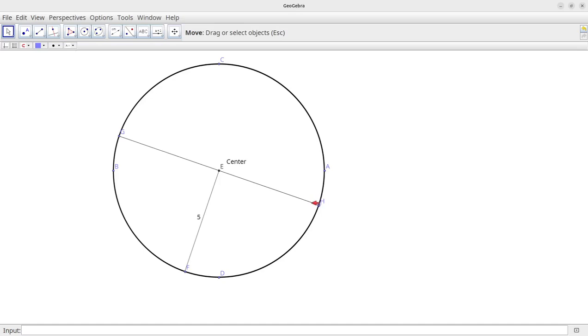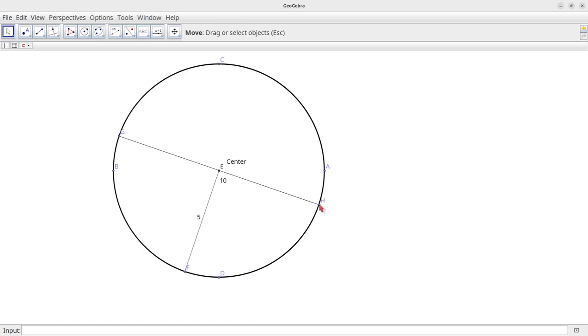I want to make sure it passes through the center first so that I can also show its distance. It's 10 units. That's the diameter. It passes through the center and its endpoints are on the circumference.